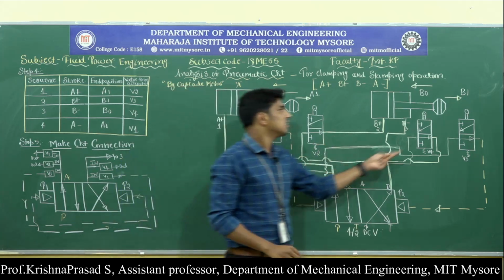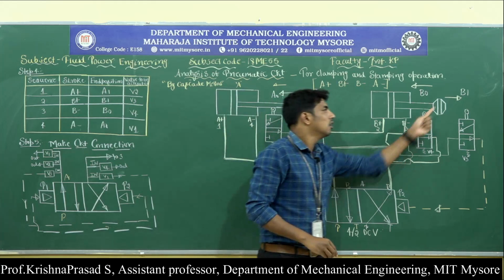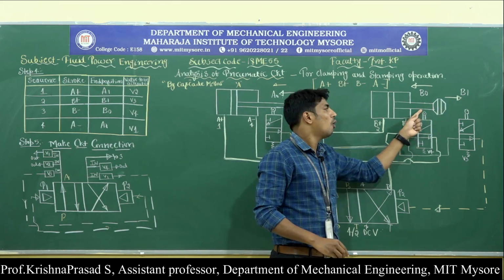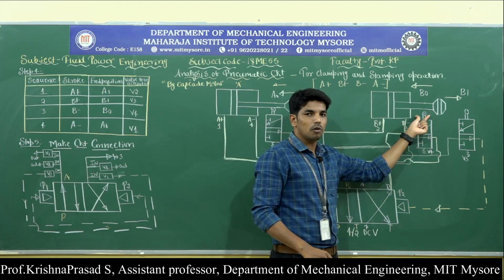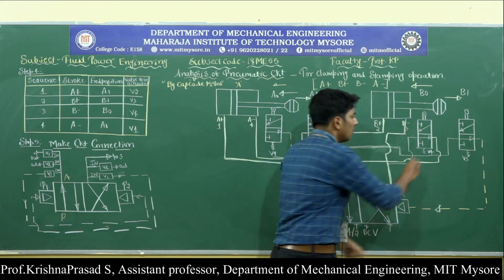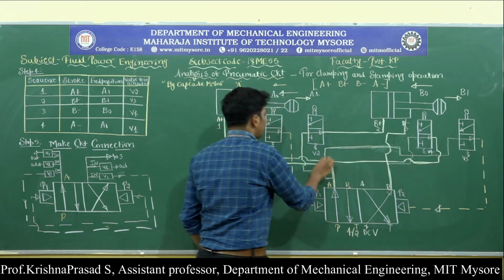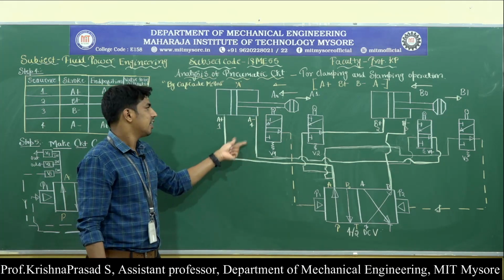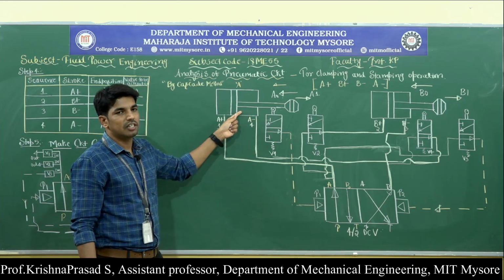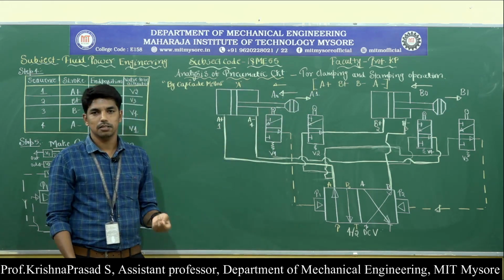Once the retraction of cylinder B takes place, the cam operates valve V4. When the cam operates valve V4, the pressurized air from valve V4 enters into port 4 of cylinder A. When the pressurized air enters port 4 of cylinder A, the retraction of cylinder A takes place.